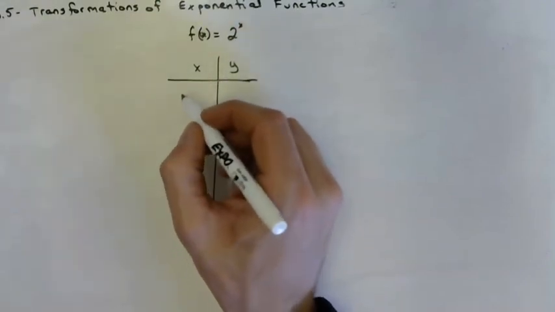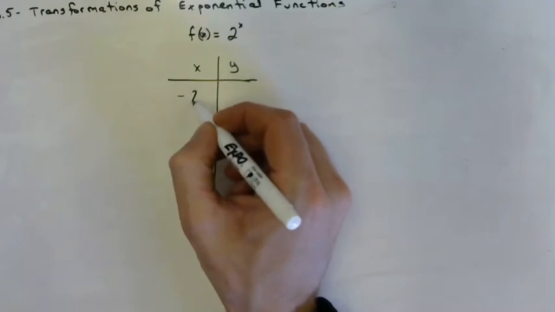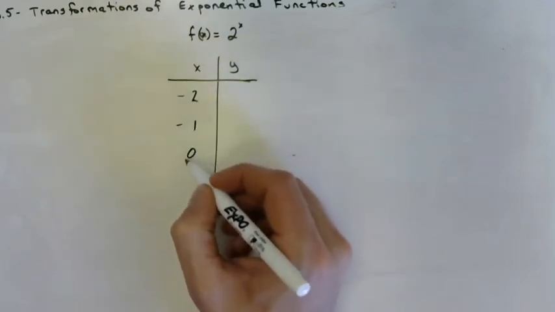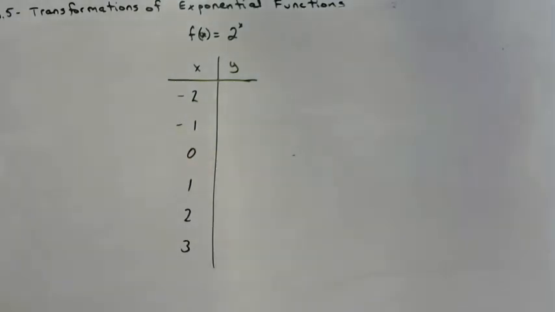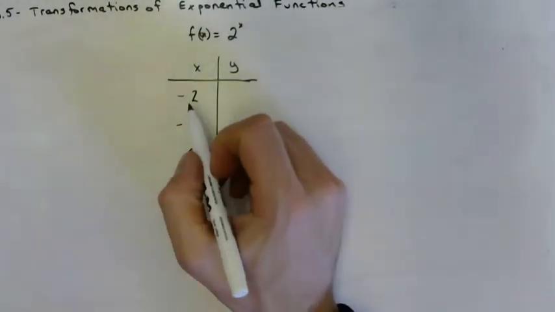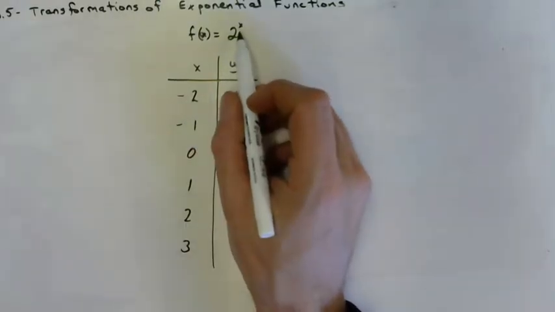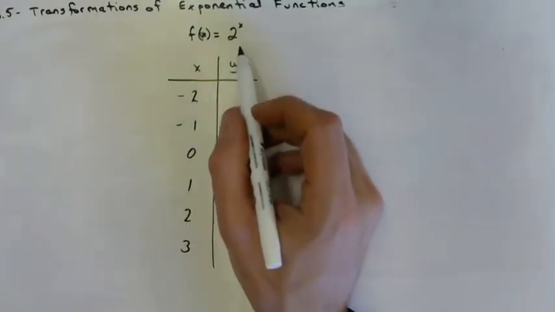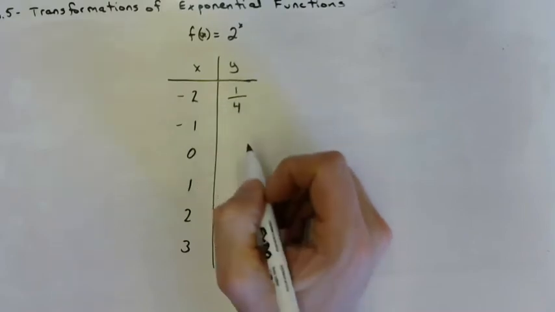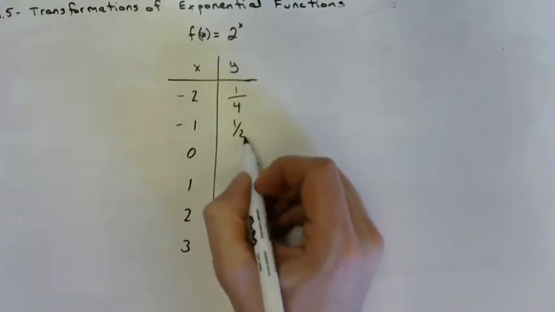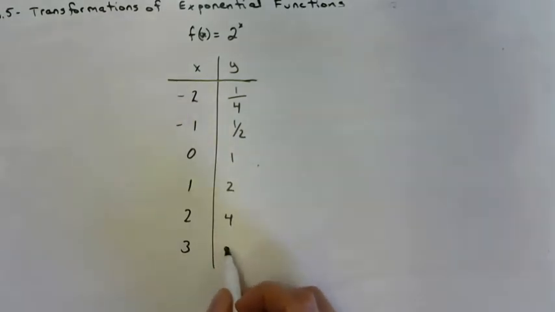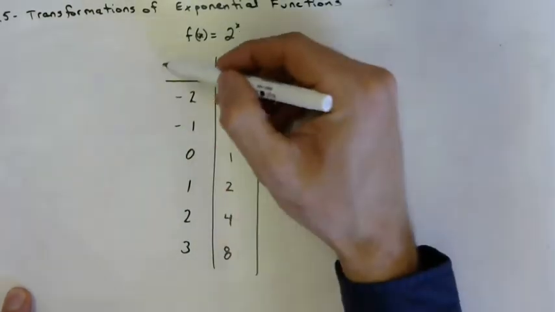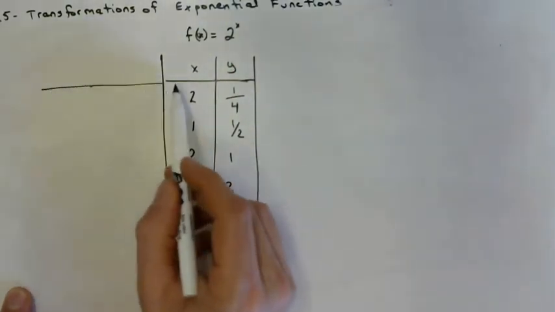So we're looking at negative 2, negative 1, 0, 1, 2, 3. That's going to give us a pretty good idea. Then I'll quickly put in the y coordinates. 2 to the power of negative 2 is 1 over 2 squared, which is 1 over 4. Then I'm doubling each time: 1 half, 1, 2, 4, 8. That's our starting point. It's an extended table of values.